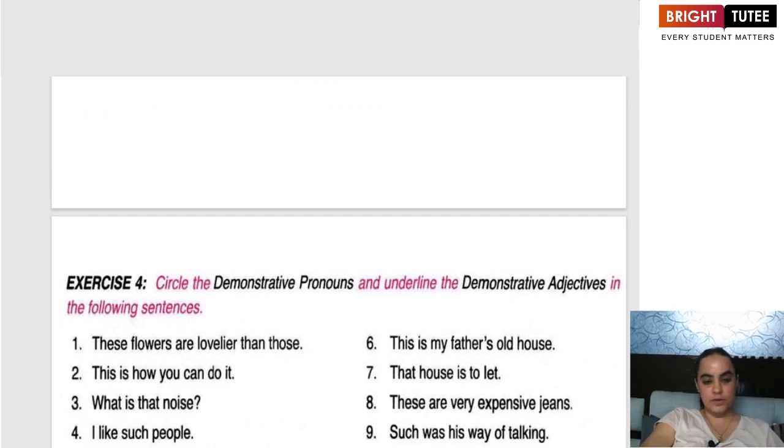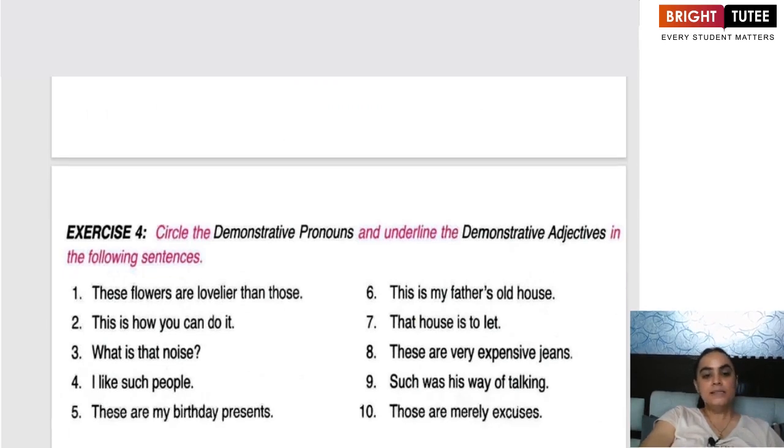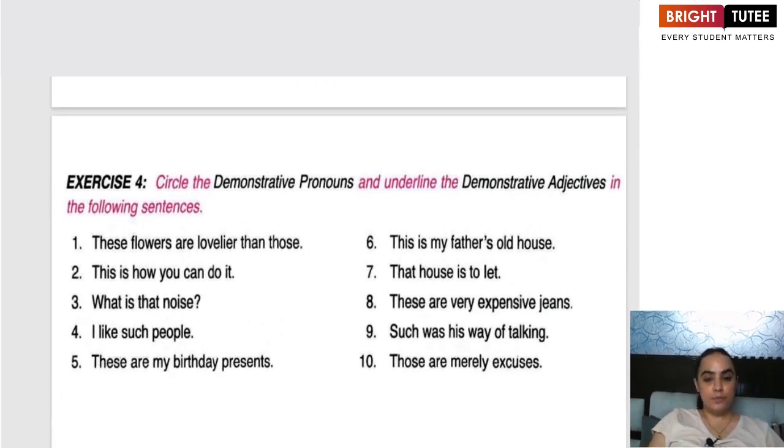The next question is, circle the demonstrative pronouns and underline the adjectives. Very simple, as we know. With a noun, it is an adjective. Without a noun, it is a pronoun. These flowers: we have a noun immediately next to these, so here this is an adjective.